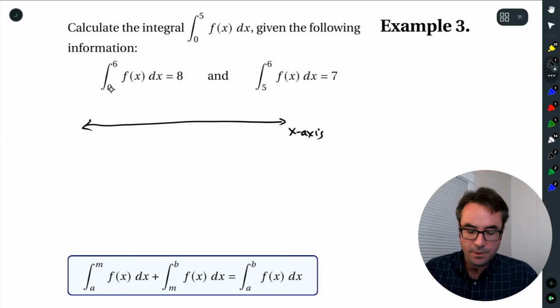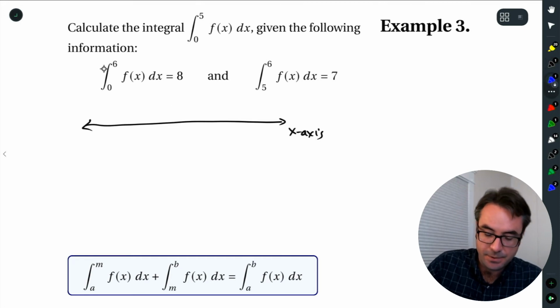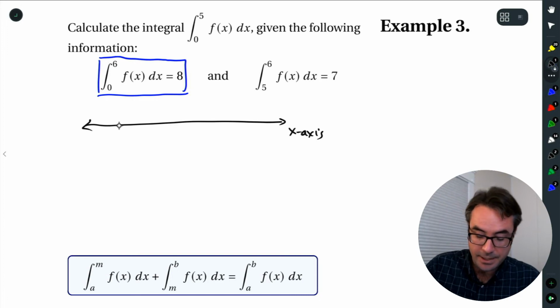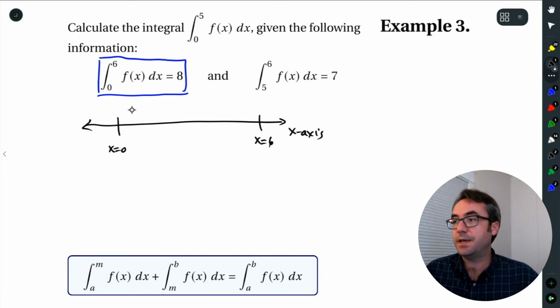What this first one says is the definite integral of our function f of x from 0 to 6. So here we're looking at x equals 0 to x equals 6, and we know the integral is equal to 8.